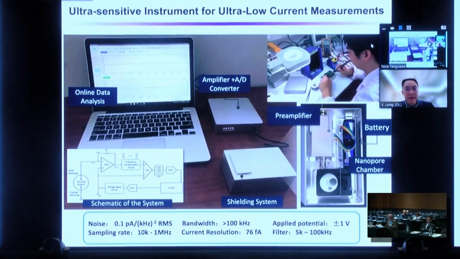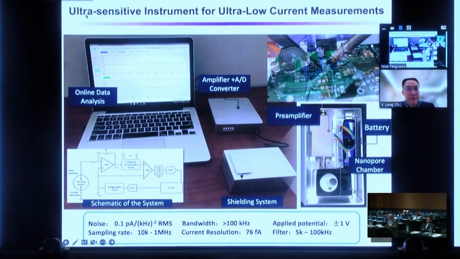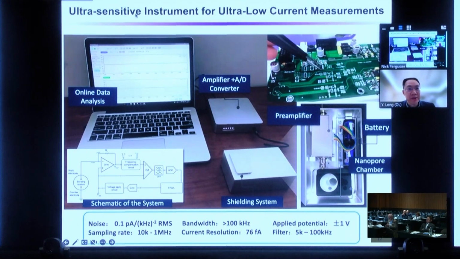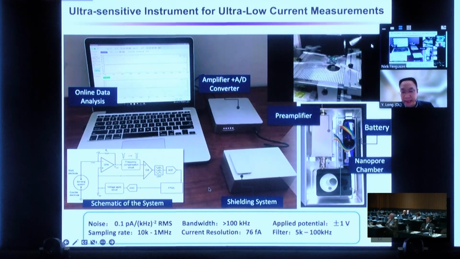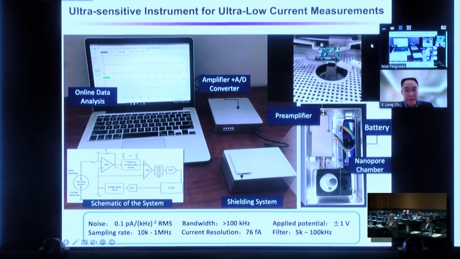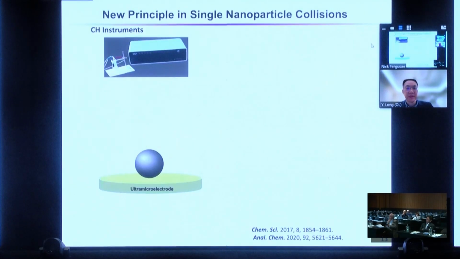So we developed some ultrasensitive instrumentation in our group. That's chemists doing electronics in our group for almost 10 years. So we can measure the tunneling current with higher bandwidth. With this instrumentation, compared to the commercial one, we can get more information.